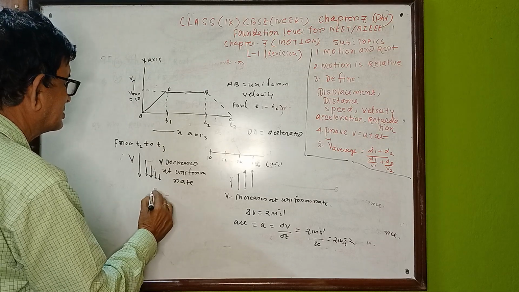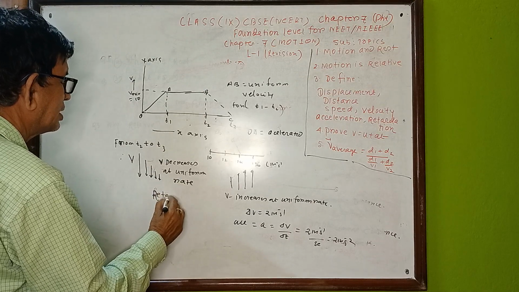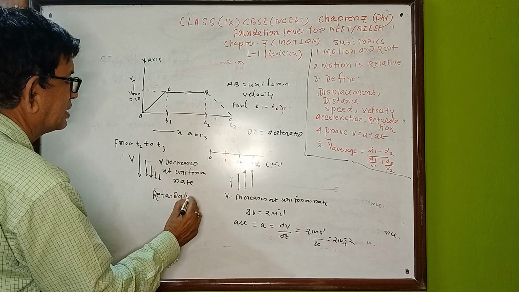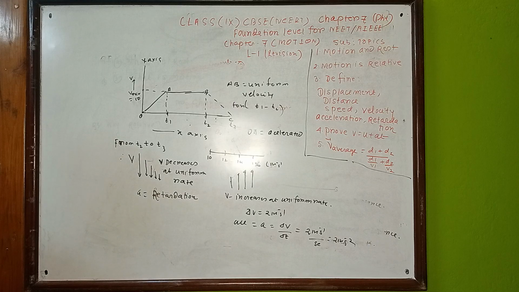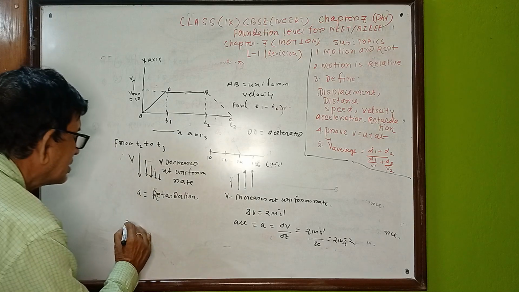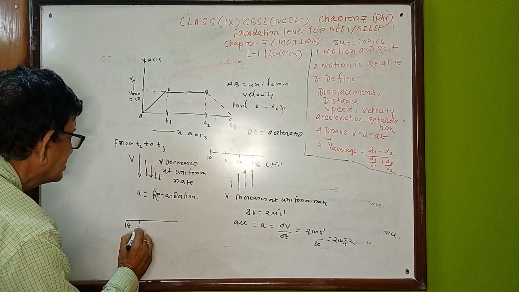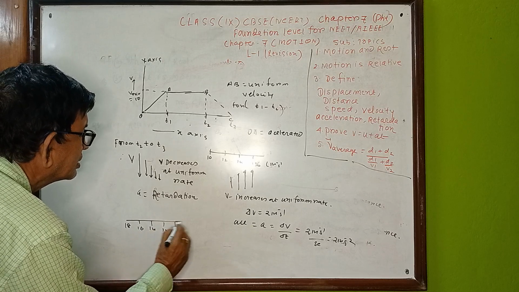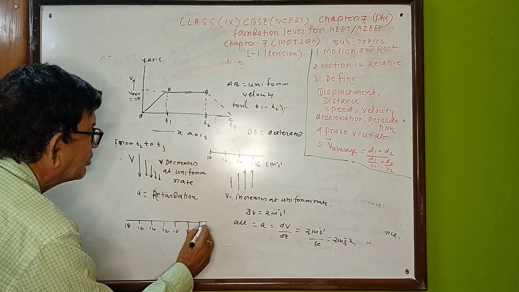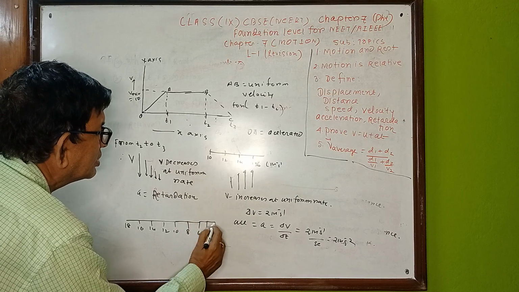That is called retardation, or negative acceleration. That is also A. Retardation means velocity gradually decreases at a uniform rate, and acceleration means a gradual increase of velocity at a uniform rate. So I am showing you retardation. Suppose 18, then 16, 14, 12, 10, 8, 6, 4, 2, 0.